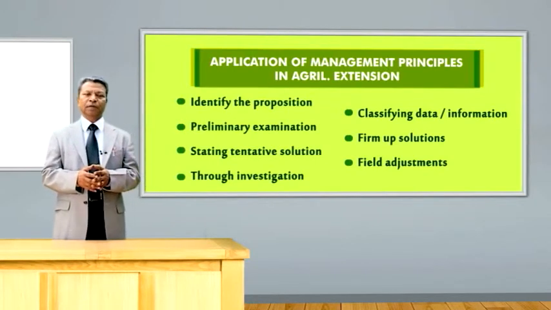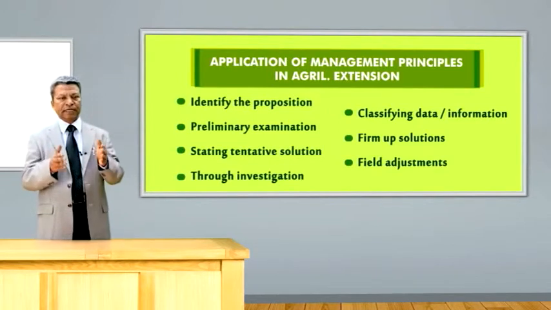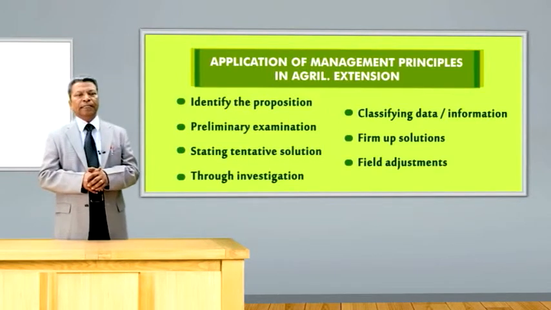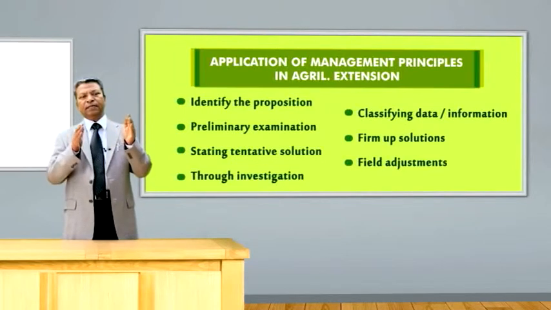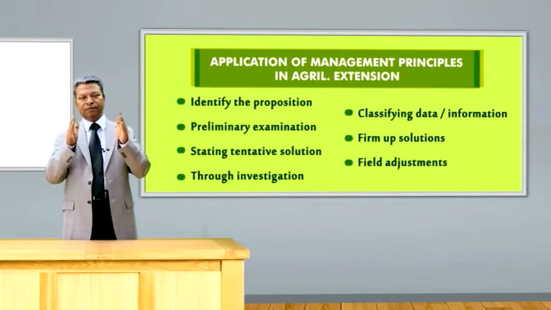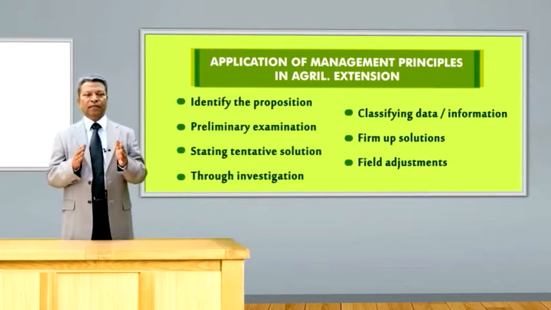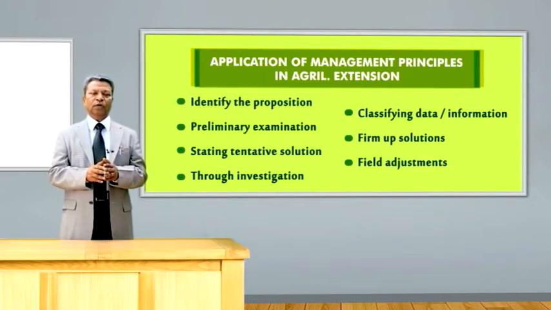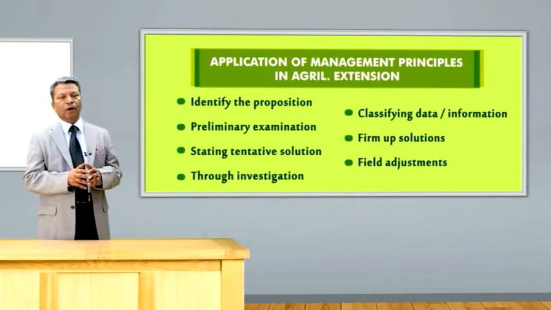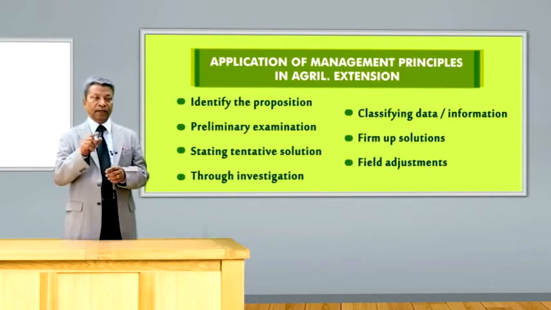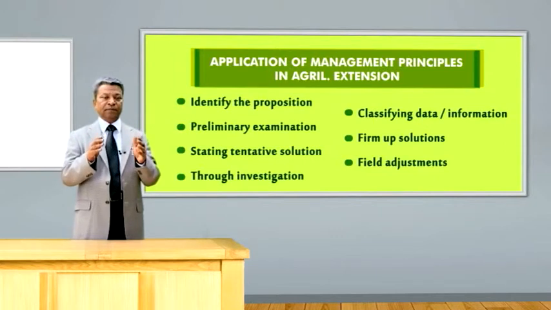That is called preliminary examination of setting. Then once I identify the field situation, then I will try to find out what are the tentative solutions for the problem. But that will not be the final step.